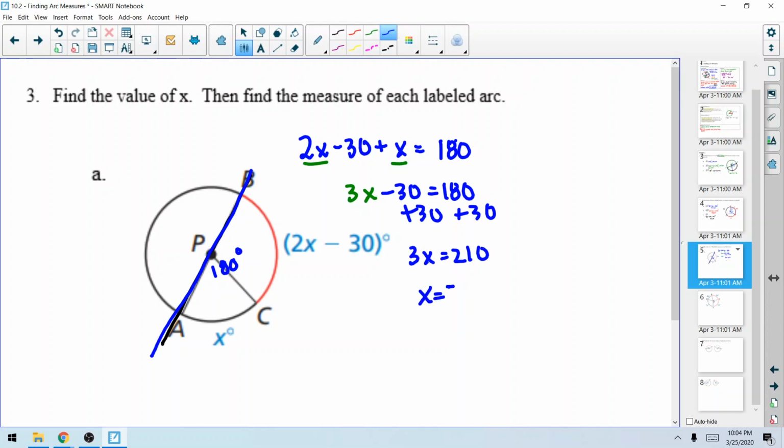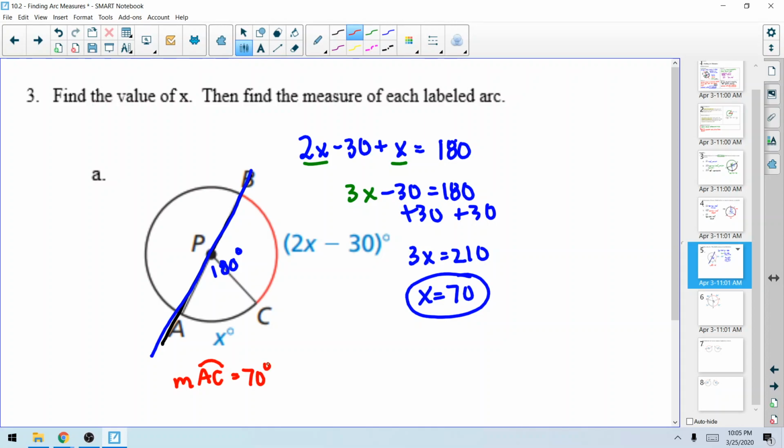X equals 70. And then we also have to find the measure of each labeled arc. So AC is labeled as just x, so we can put an M there. The measure of AC is 70 degrees.